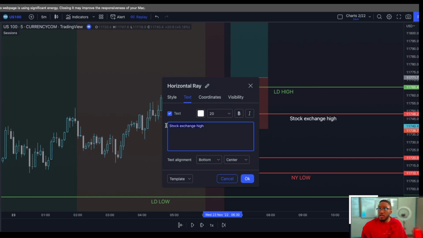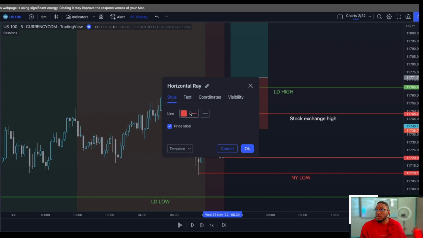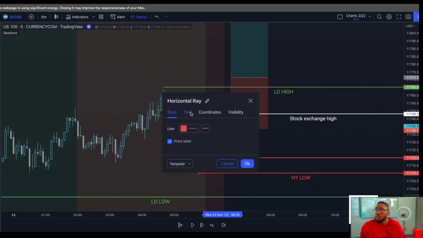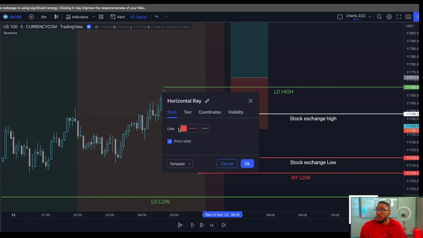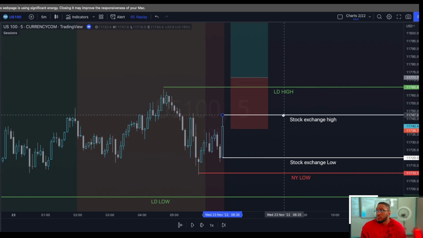Stock exchange high, because I'm on a different time frame, so I don't want to confuse you guys. Let's change this line to white. Stock exchange high. Stock exchange low. Okay? This is my range now.